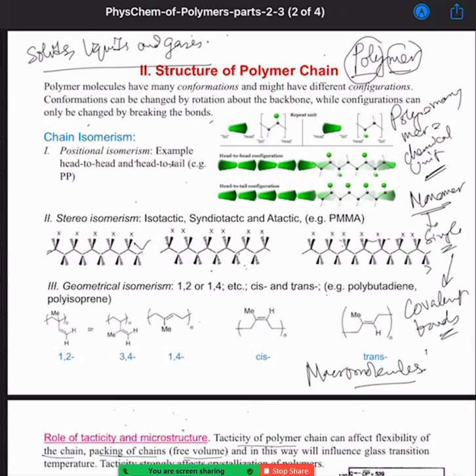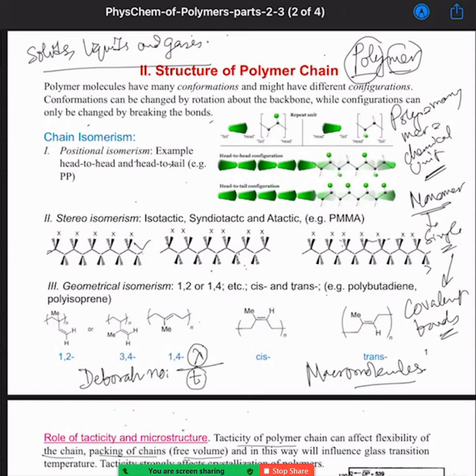Now, how can we scientifically address this difference? There is a dimensionless number, which we call the Deborah number, which is expressed as relaxation time by observation time. Now lambda is the relaxation time and t is the observation time.